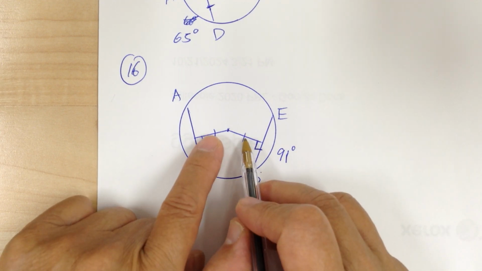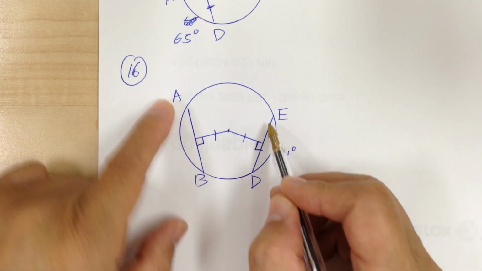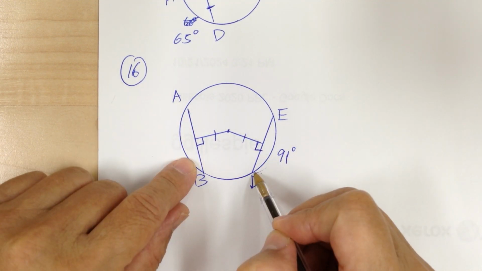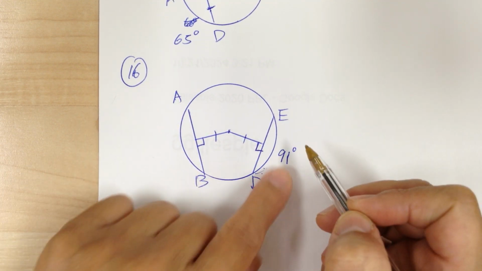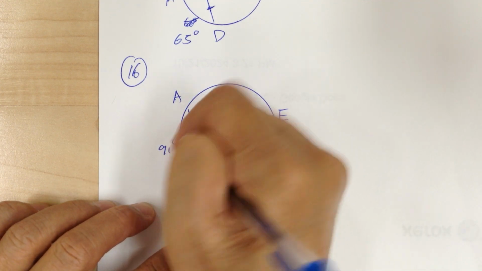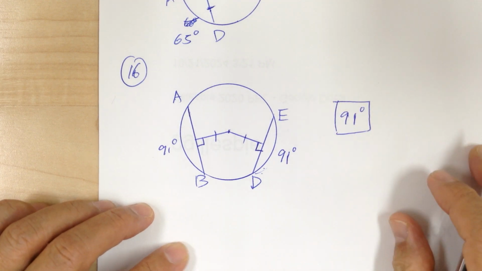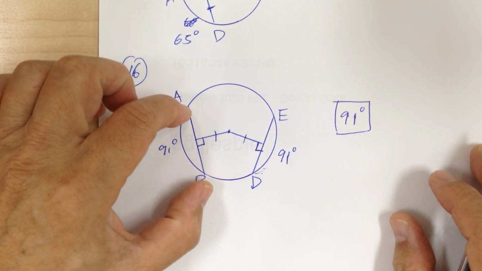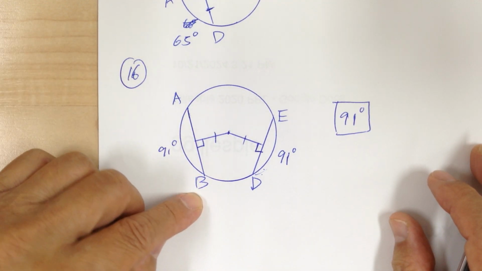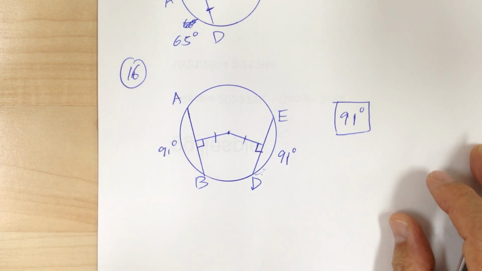Over here, you see the distance is congruent. That means the chord will be congruent and the arc will be congruent. So if this is 91, this would be 91, and that's your answer, 91 degrees.